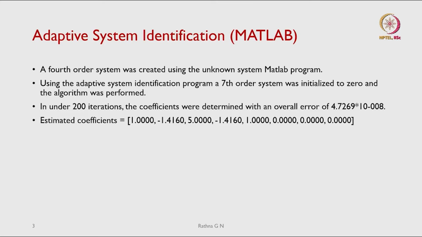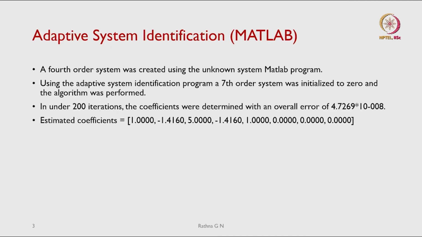Here, a fourth order unknown system was created in the Matlab program, and using the adaptive system identification program, a seventh order system was initialized to 0 and the algorithm was performed.